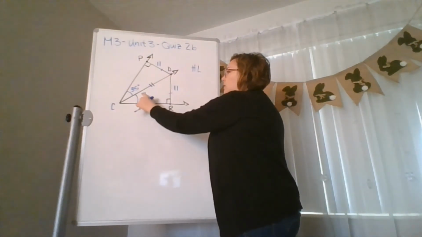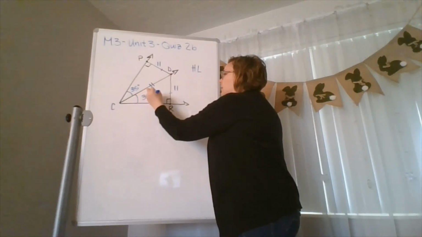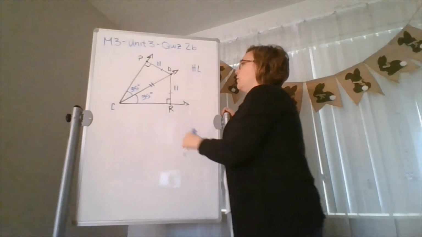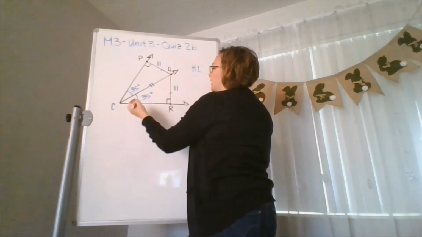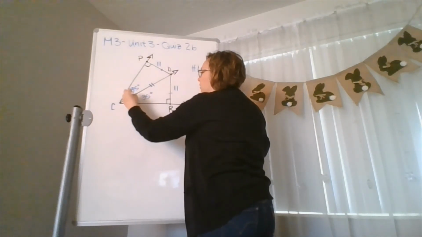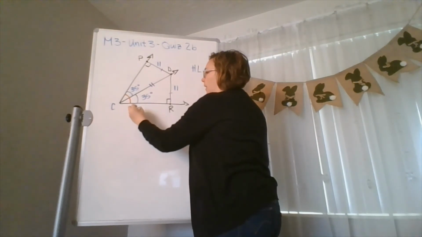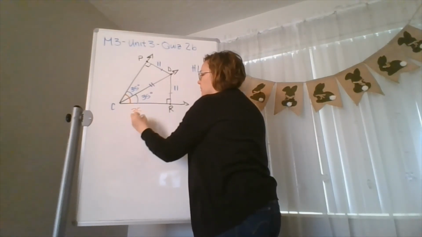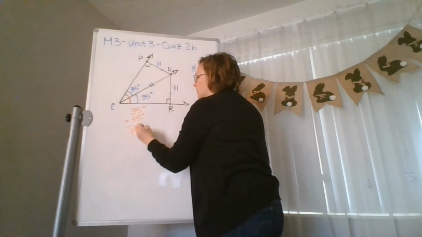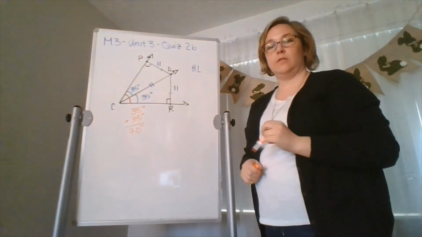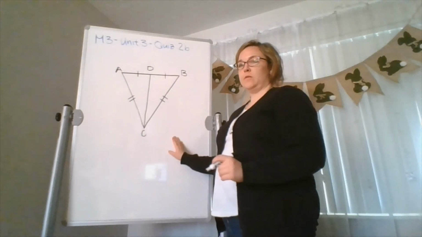So this angle is no longer a mystery, but is 35 degrees. So if we want to know the full angle measurement, here, let's grab a new color, make this more exciting. If we want to know this full angle measurement right there, then it would be 35 plus 35, which is 70 degrees.